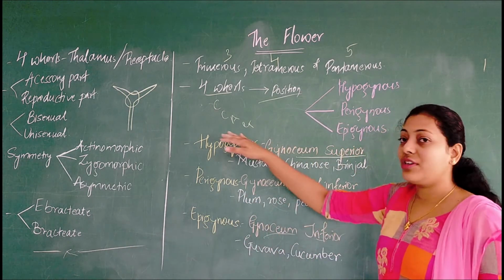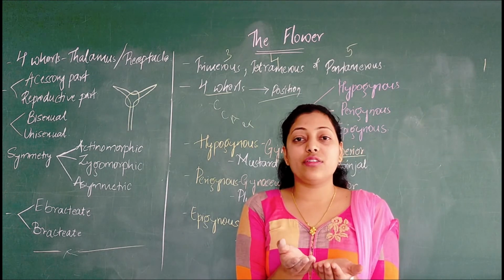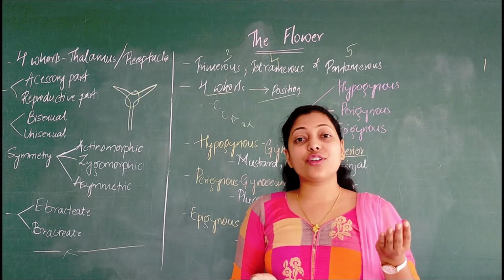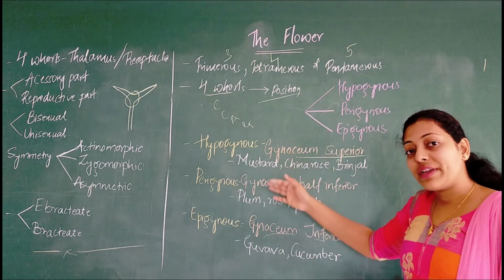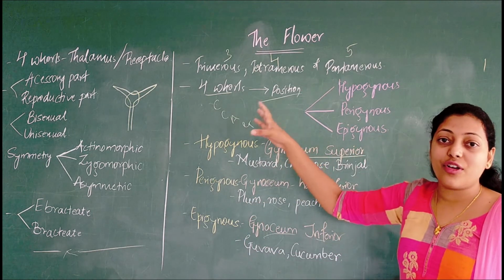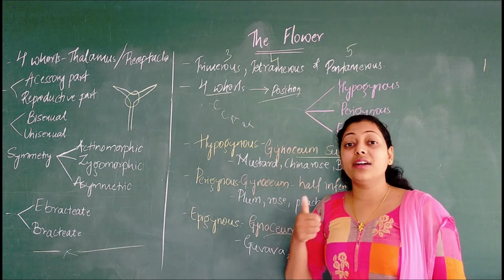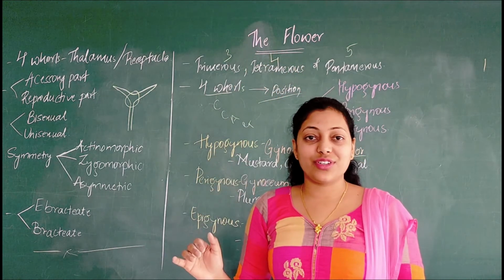So when we come to different positions of the whorls, you can just look around at different positions, how the flower is placed. Where is calyx, where is corolla, where is androecium and where is gynoecium. On the basis of the position of these four whorls, you can say a flower can be either hypogynous, wherein the ovary is superior in position.